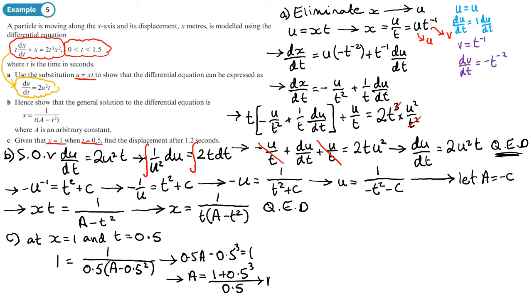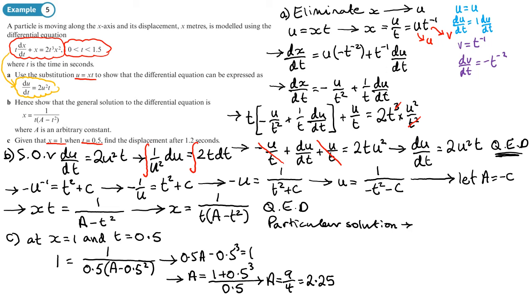So we'll work that out and see what we get for a. And that gives a is 9 over 4, which is 2.25. So we've got our arbitrary constant. So we can now write our particular solution, which we can use to find the value of x with a given value of t.